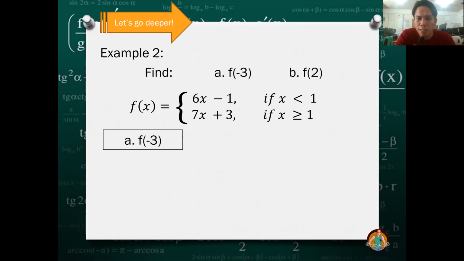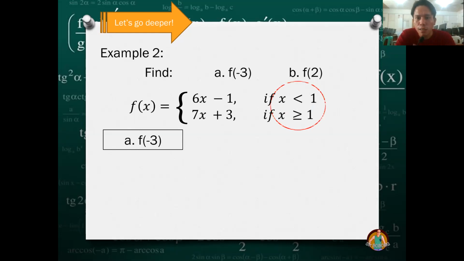So f of negative 3, yung x natin is negative 3, pipili muna tayo dito. Nakita nyo nakabilog? x is less than 1 and x is greater than or equal to 1. Now, saan papasok yung negative 3? Less than 1 or greater than or equal to 1? Sa taas o sa baba?